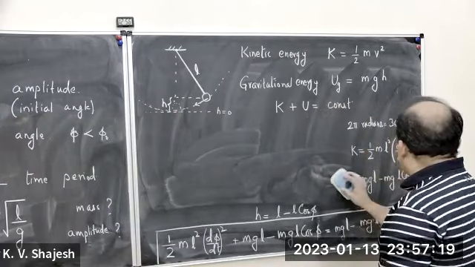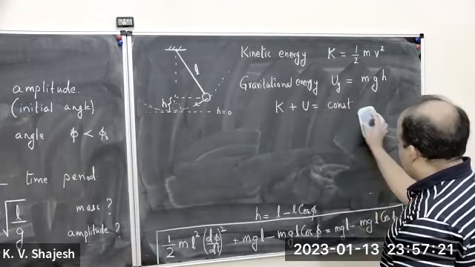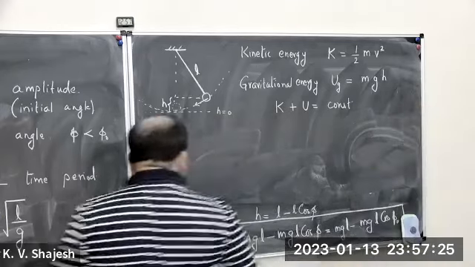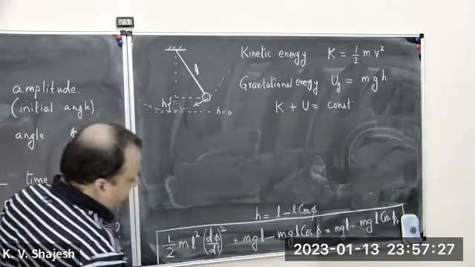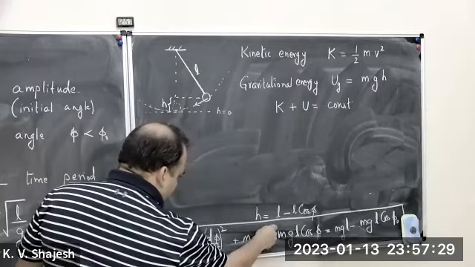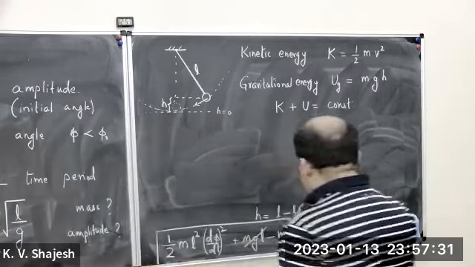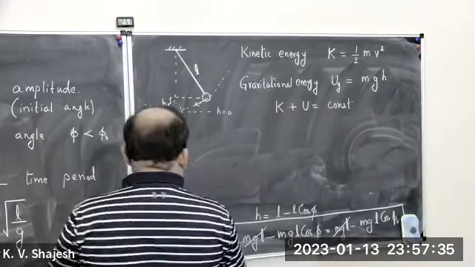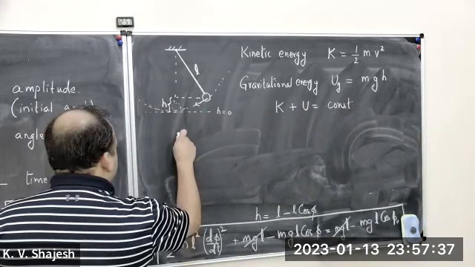The m cancels out, even one of the lengths cancels out, and mgl, the total, also cancels out.